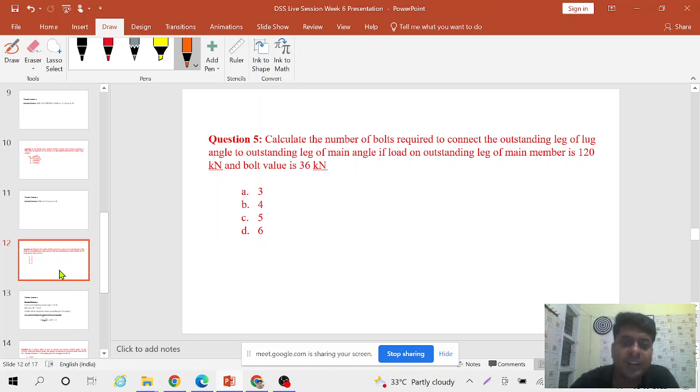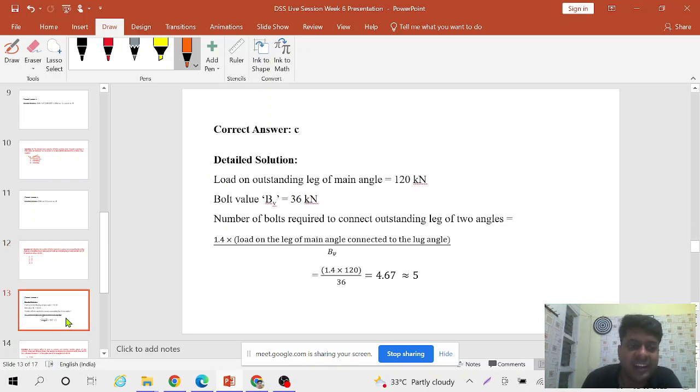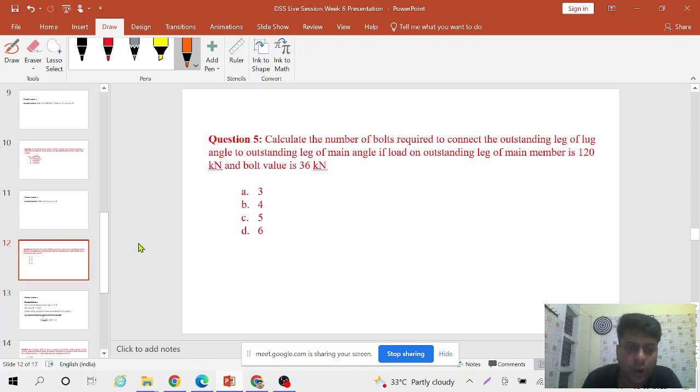If you do not catch the concept, then you can commit mistakes in your examination, and it is even possible that you will leave a question which you actually know. So here it is 5. So option C is the correct option.